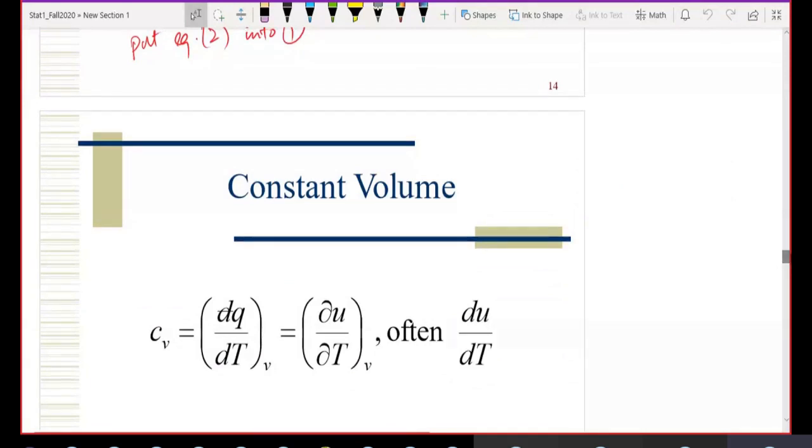Now let's go back to the case where we have defined a constant volume process, meaning dV is 0.